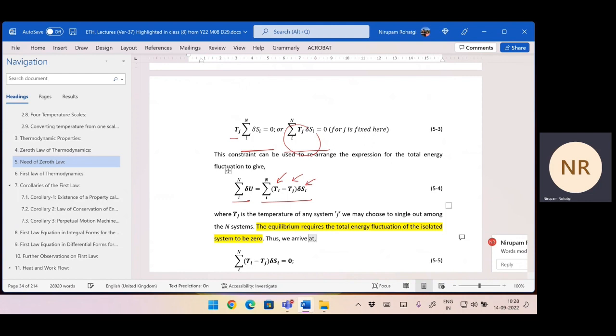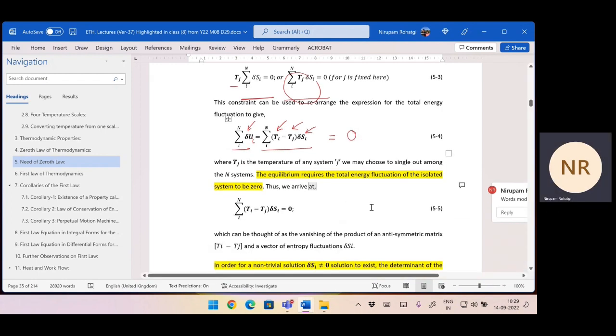Delta Si is the entropy change of each body, and this delta Ui is the internal energy change of each body. Now, this change in internal energy should be equal to zero, because no heat is coming from outside, no energy is coming from outside. So what you are getting is, you get finally this equation.